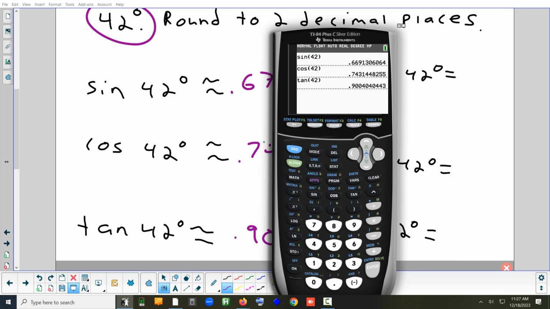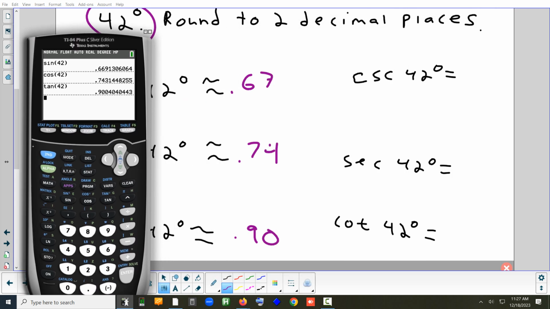Now, we don't have a cosecant, a secant, or a cotangent button. We get these exactly the same way we've been getting them all along. How are you going to get the cosecant? 1 over the sine of 42 degrees. Exactly.